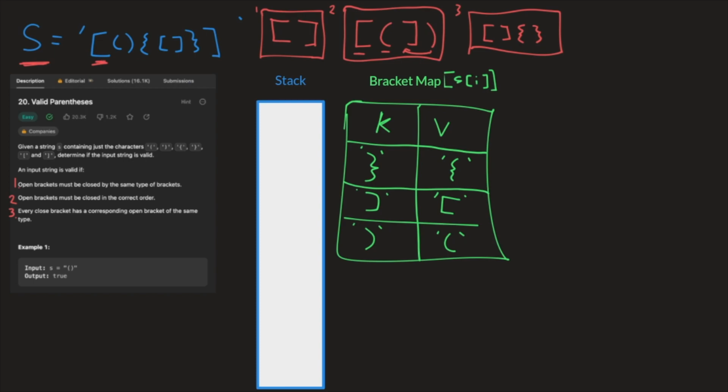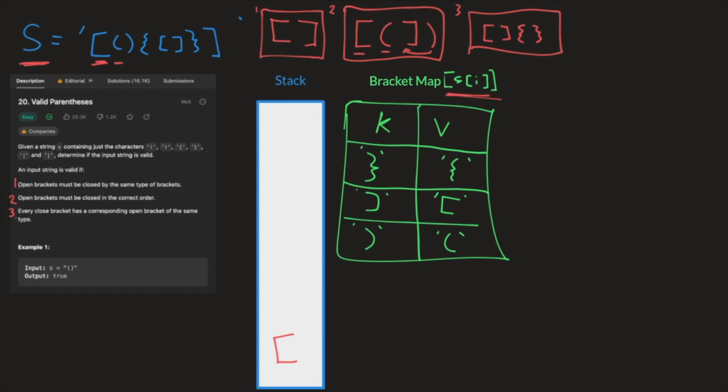On each iteration, we're going to ask this bracket map using this call, hey, bracket map, do you have s of i? So do you have an opening square brace inside of your keys? And it says, no, I don't. So it returns undefined. And if it returns a falsy value, we will push this value onto our stack, and then we'll iterate onto the next value in the string.